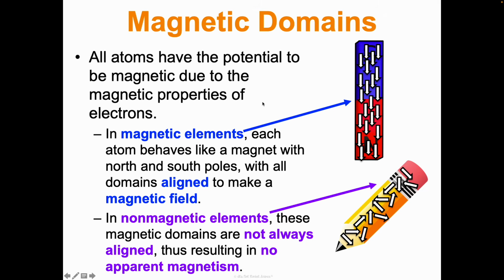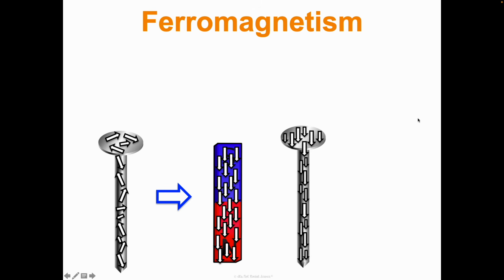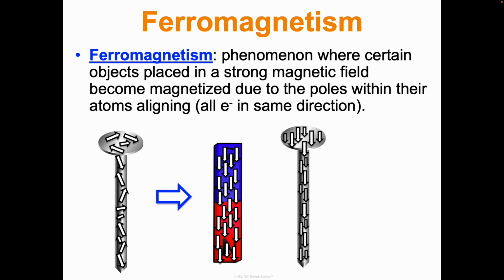Okay, now, but there is a phenomenon called ferromagnetism. And this is where certain objects, if they get placed in a strong enough magnetic field, they can become magnetized due to the poles within their atoms aligning. So all those domains, all of the electrons, are all orienting in the same direction.